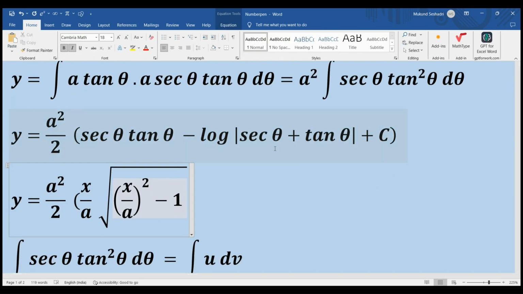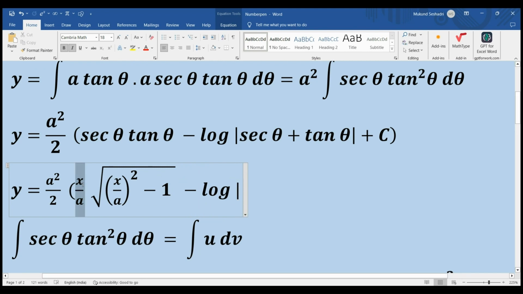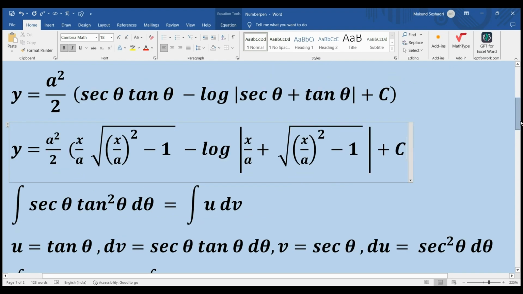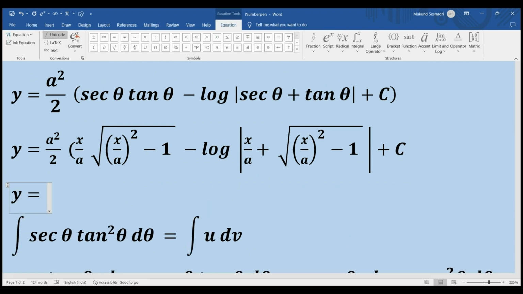Now that's my part 1, and I come to my part 2, which is nothing but a log of mod of, again we have a secant theta, which means I have x by a, and then again we have a tan theta, which means I have the square root of x by a the whole square minus 1. So that's my answer to this problem, and I do see that there is an opportunity to further simplify this.